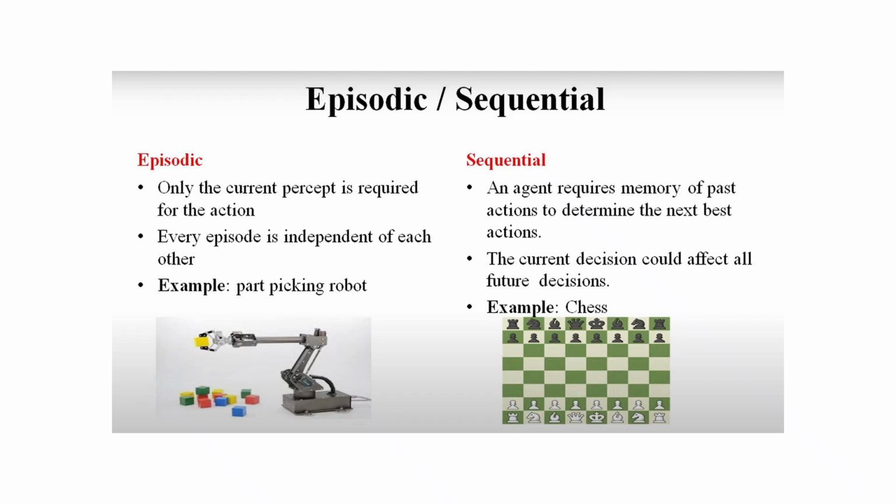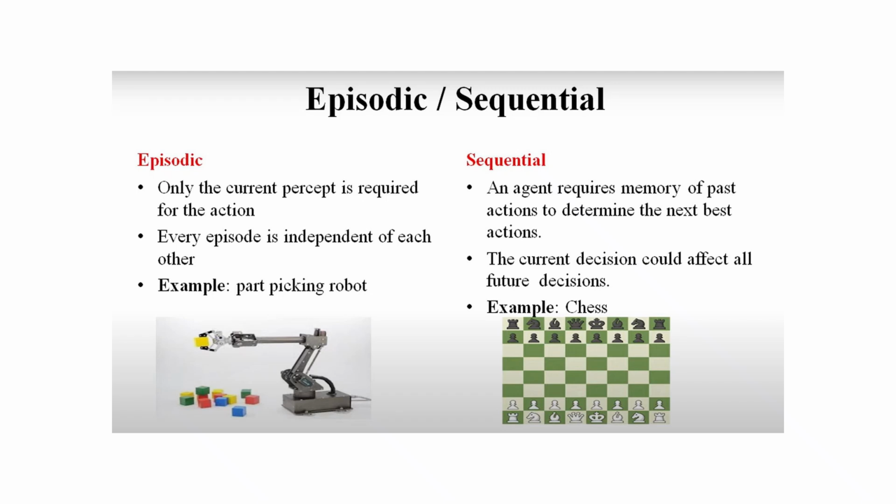Player 1 will move any coin, and player 2 will note down the action player 1 did and move according to it. The past action determines the next best action.